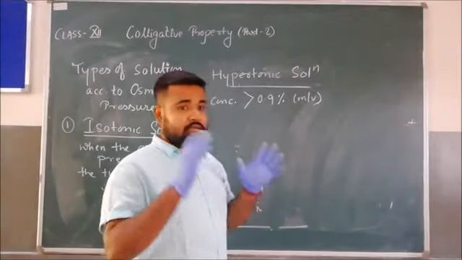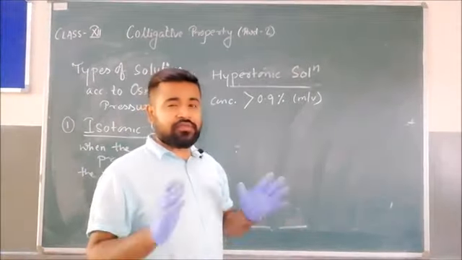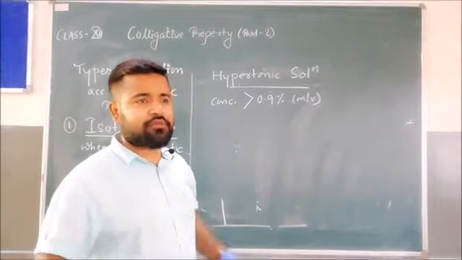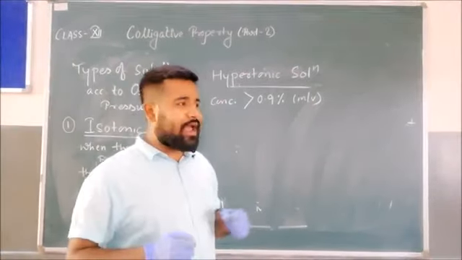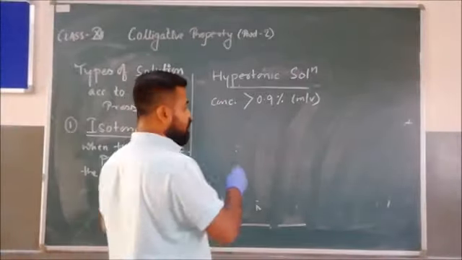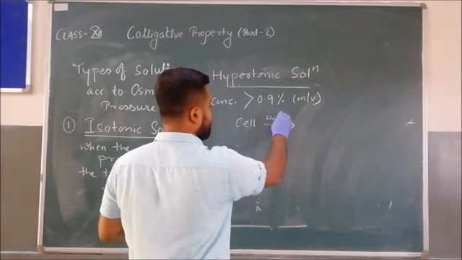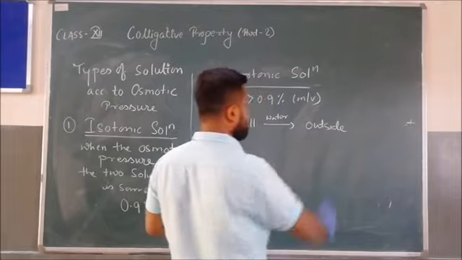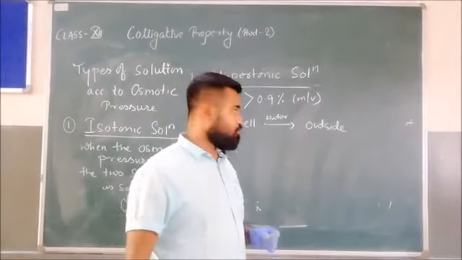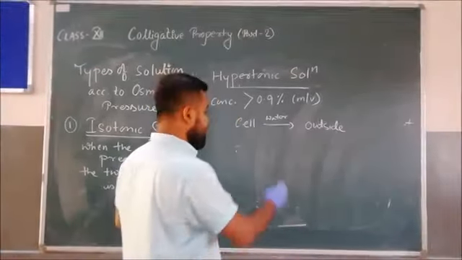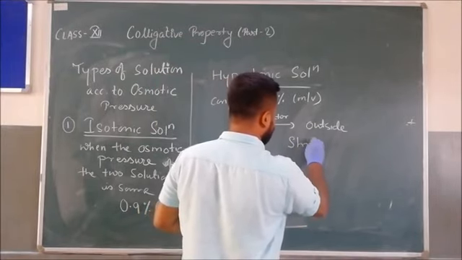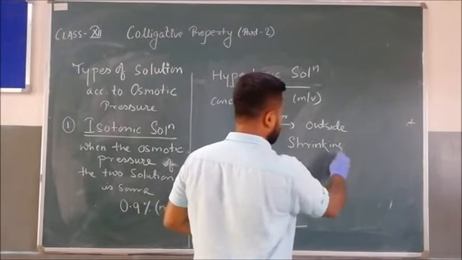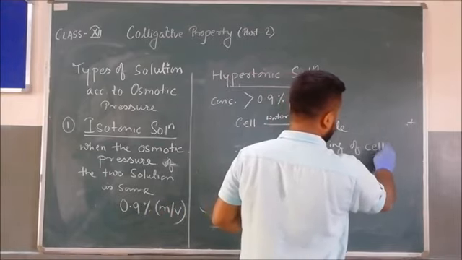In this case, what happens? The concentration of the solute is more. Hypertonic means the concentration of the solution is more. So the water from the cell is coming outside, and it leads to shrinking of the cell.